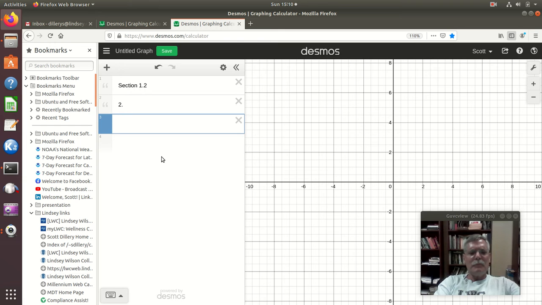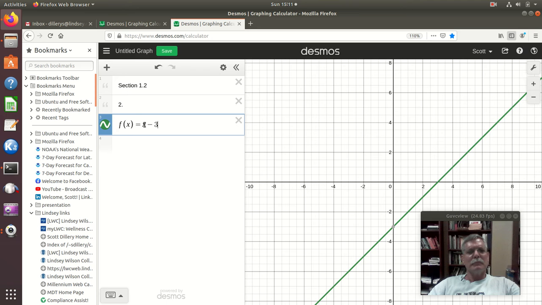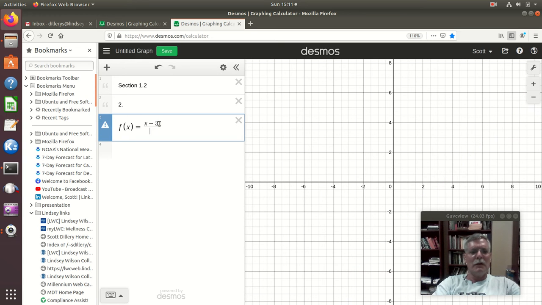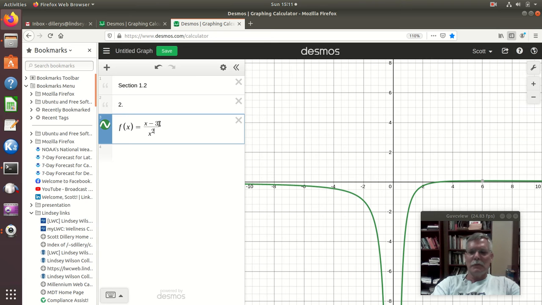So f of x equals x minus 3 divided by x squared minus 9.